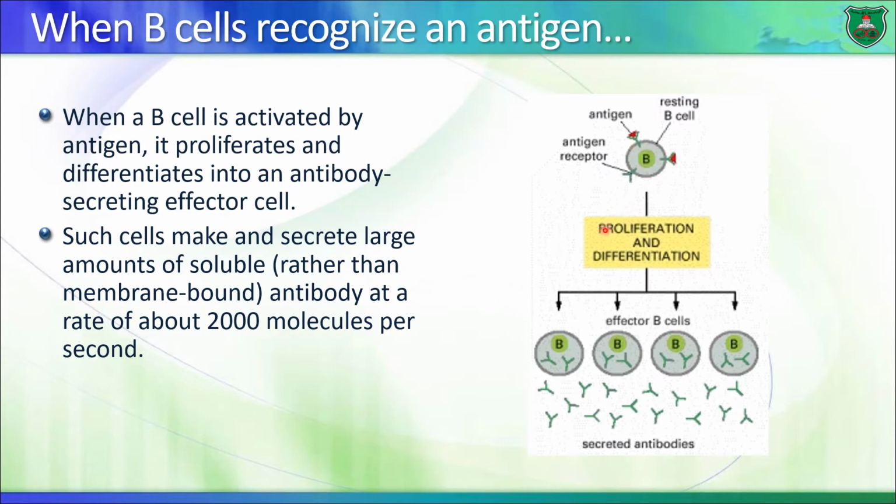The same cell starts to proliferate, they grow and divide, and they differentiate into effector B cells. These effector B cells produce the same exact antibody, so they're all clones of the same parental cell. They produce a lot of antibodies, and these antibodies are released. Almost 2,000 molecules are released per second by each cell, which is quite amazing.